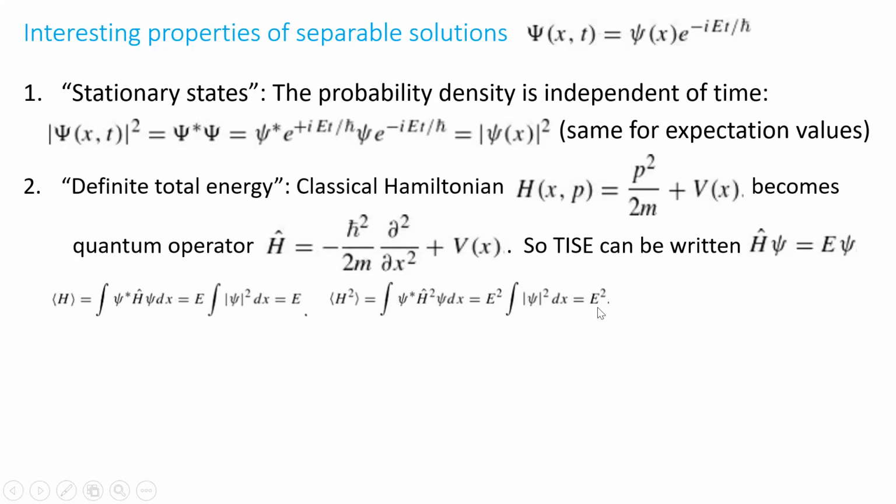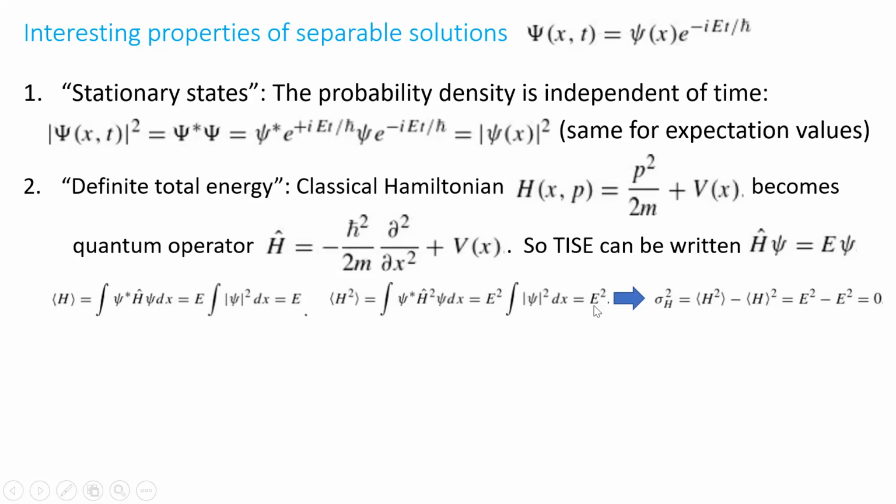Okay, so why are we doing this? Well, we're doing this to show that the variance in the measurement of the energy, sigma H squared, is the expectation value of H squared minus the quantity expectation value of H, squared.